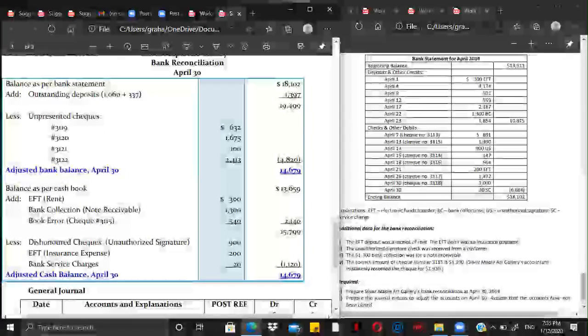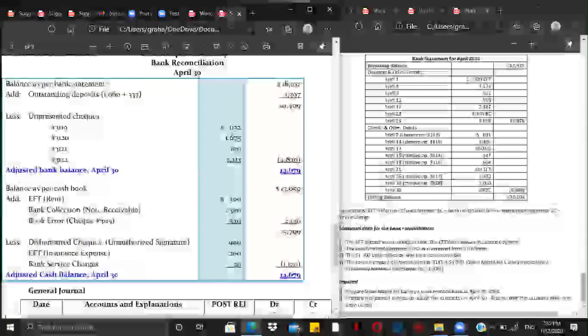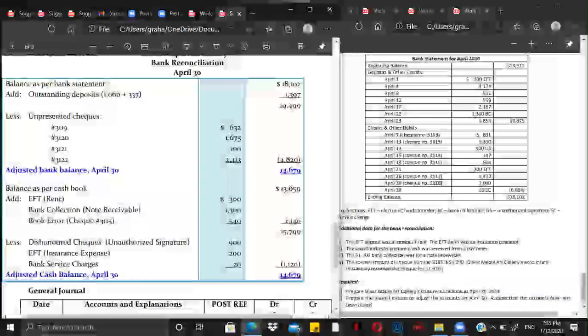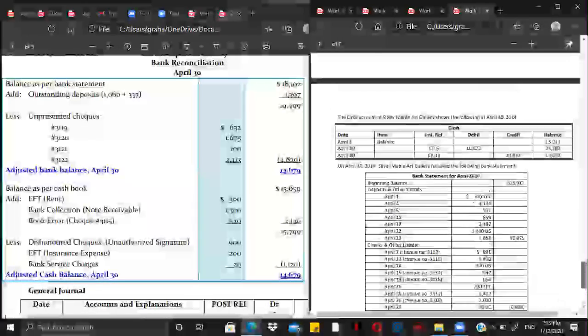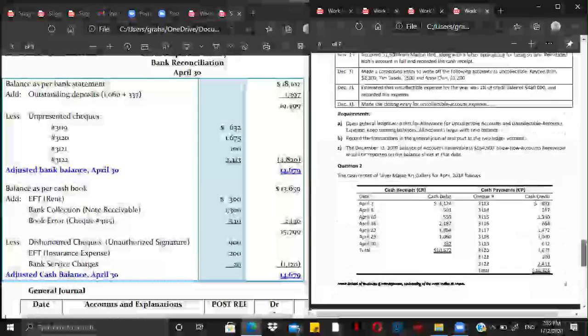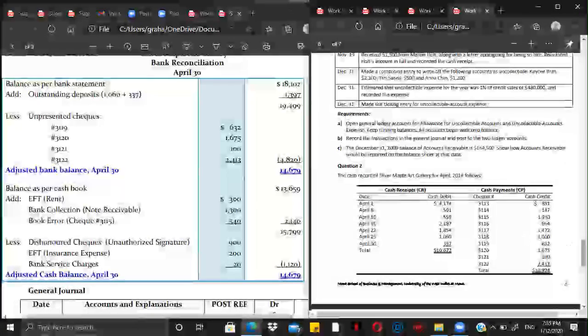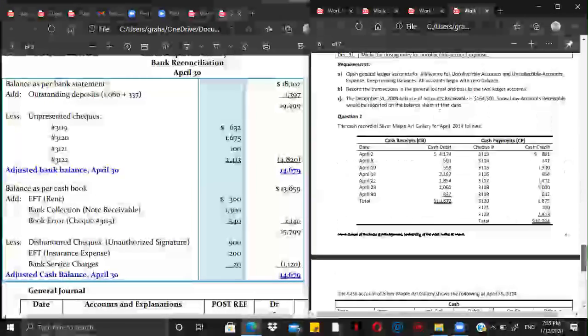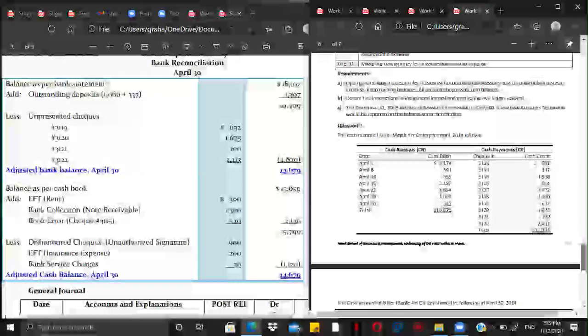You're going to have to add back the difference, 1,930 minus 1,390, which would give you 540. So you have to add that 540 difference back to your cash book because you made an error in recording a higher payment than you should have.